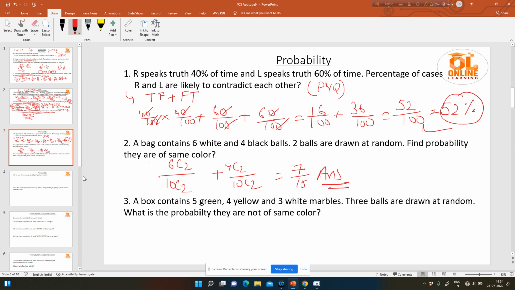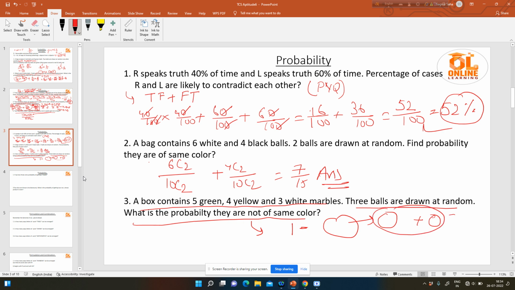Now, it is given a box contains 5 green, 4 yellow, and 3 white marbles. 3 marbles are drawn at random. What is the probability they are not of the same color? How can we do this? If we get the probability of same color, then 1 minus that, because the probability they are not of the same color plus the probability they are of the same color is equal to 1.